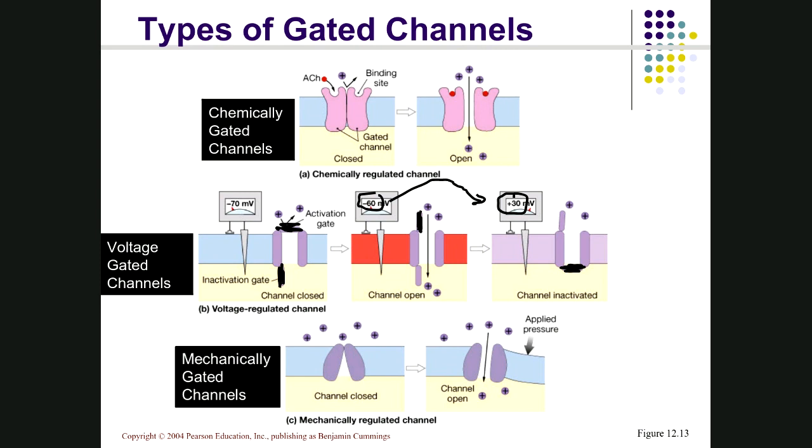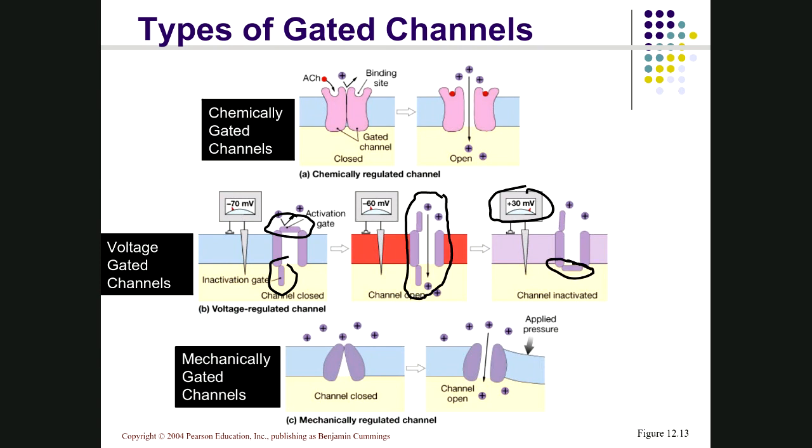Now, if you notice, there is a positive or a negative on here, because what we're measuring is the difference between here and here. And we'll get back to that a little bit later on. But look, at minus 70, this one's closed, this one's open. At minus 60, they're both open. But if I go to plus 30, this one is closed and this one's open.